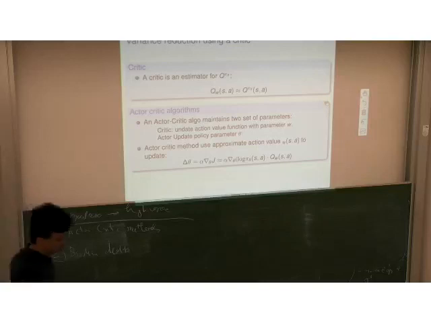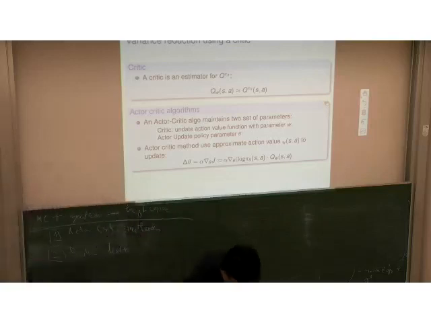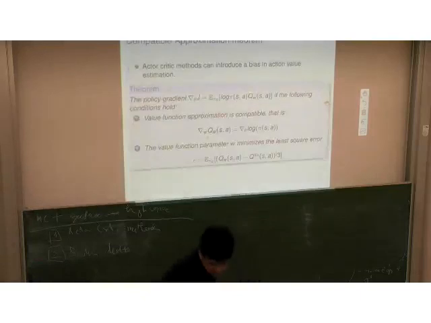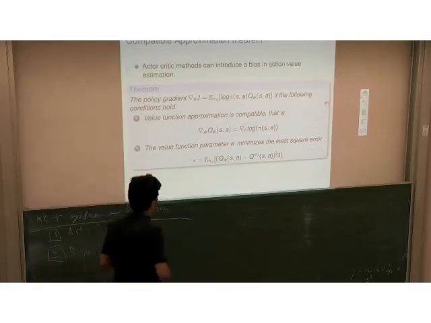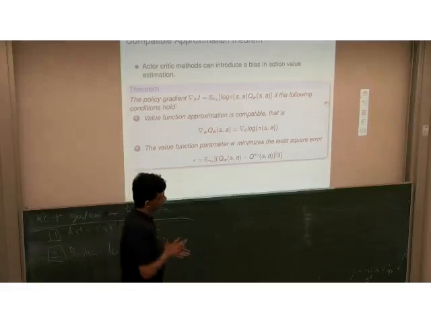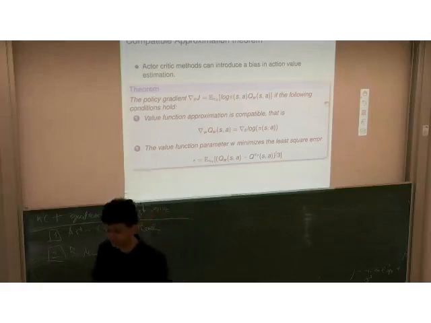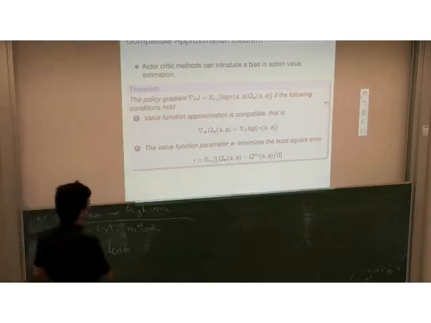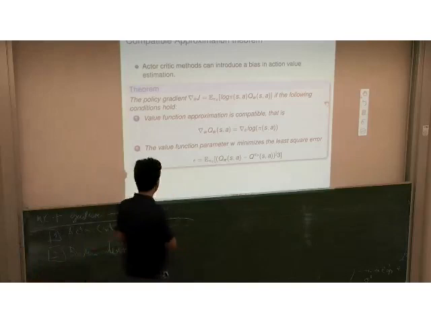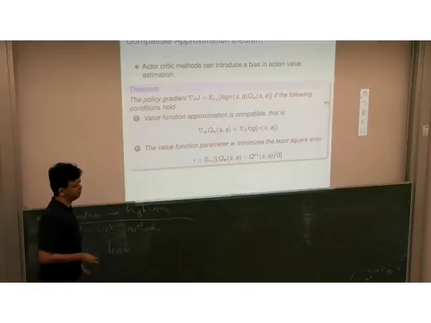Okay, so here are the two conditions. If these two conditions are satisfied, one is called the compatibility of the function approximations, and the other is that the Q approximation is actually very good.